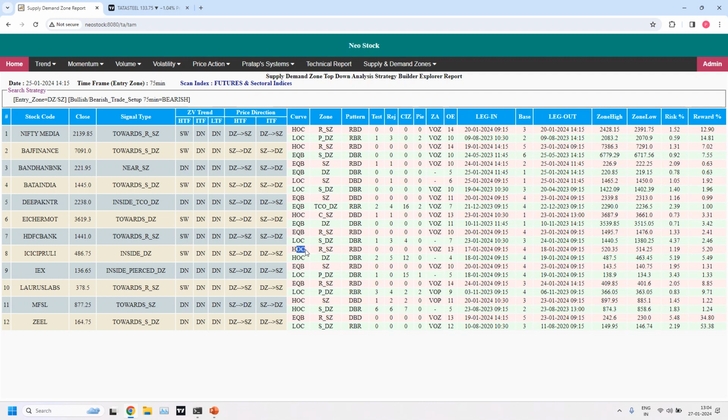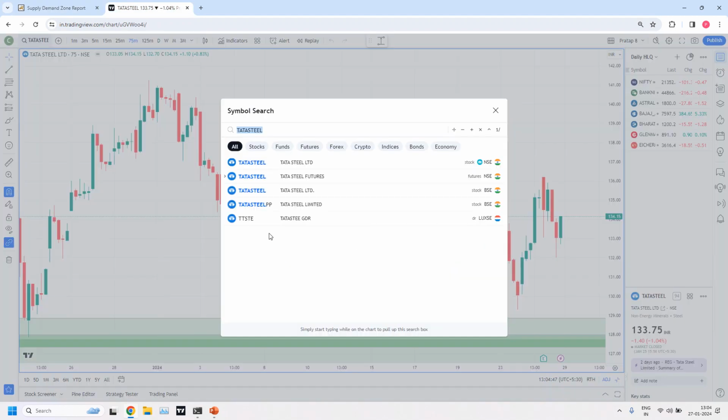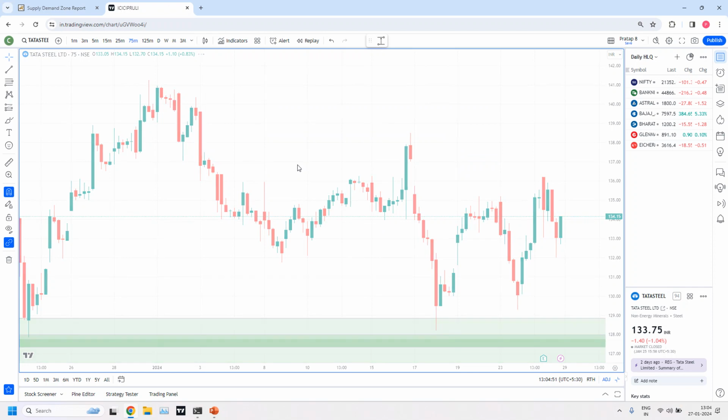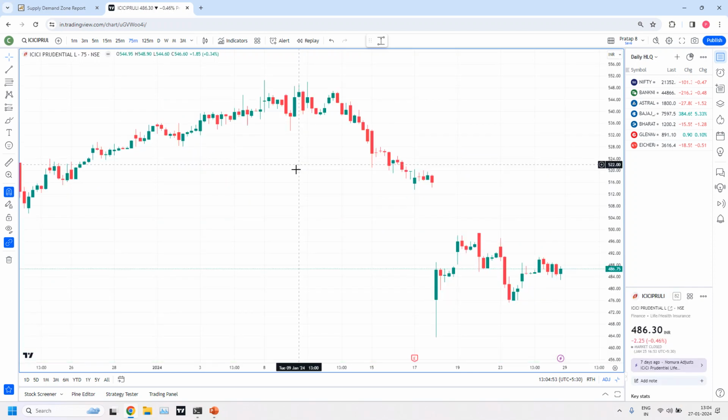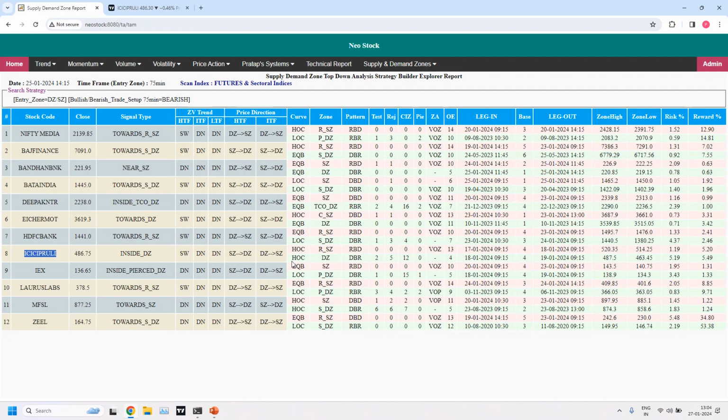Moreover, it is high on the curve. So let me open the stock, ICICI Prudential. See here how all these parameters are helping us.